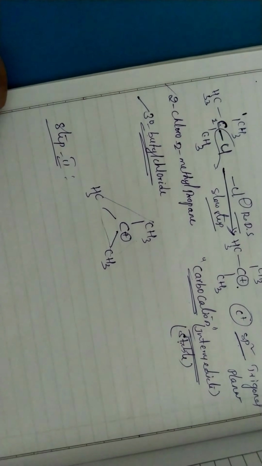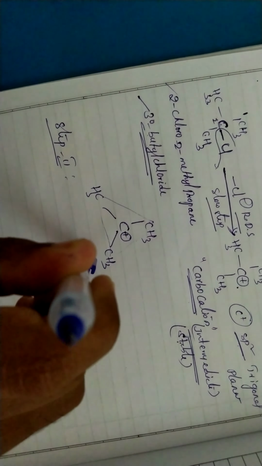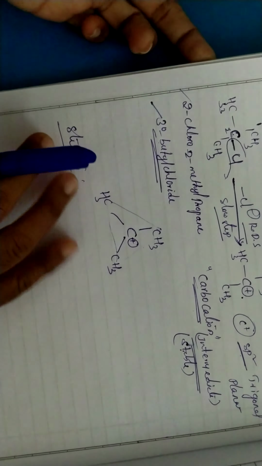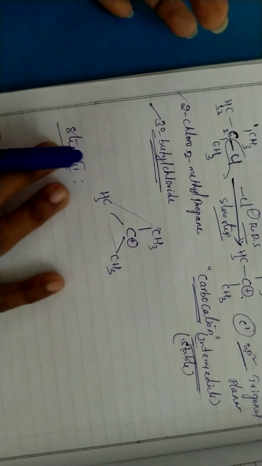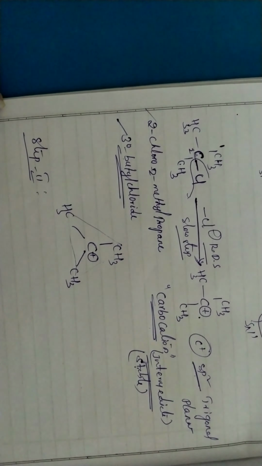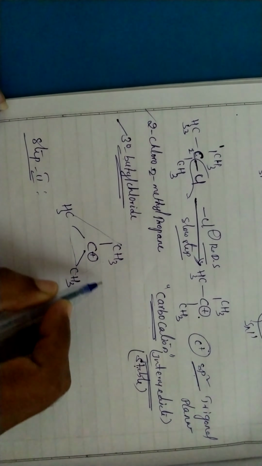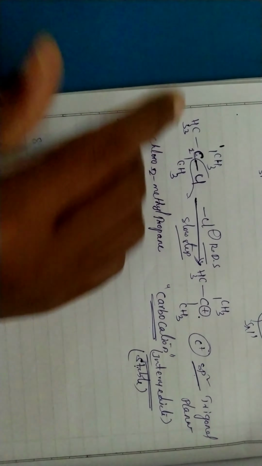For a planar substance, there is a front side, the pen side, and the back side. That means the incoming nucleophile can attack from the front side, or it can also attack from the back side.